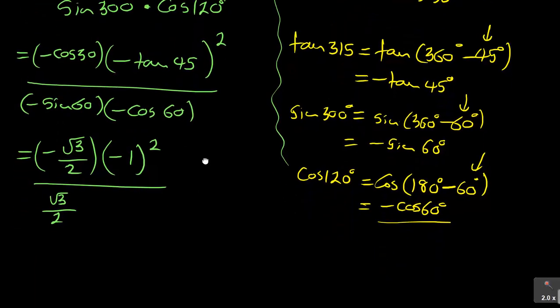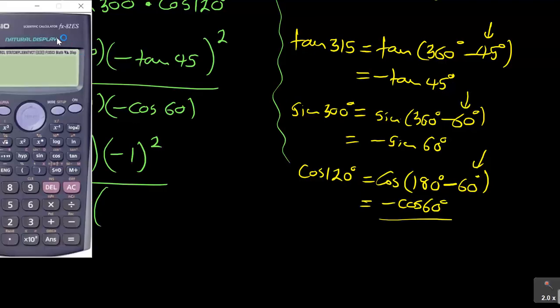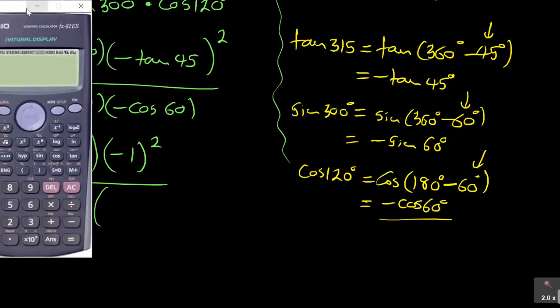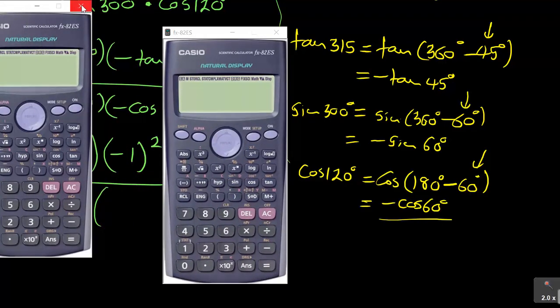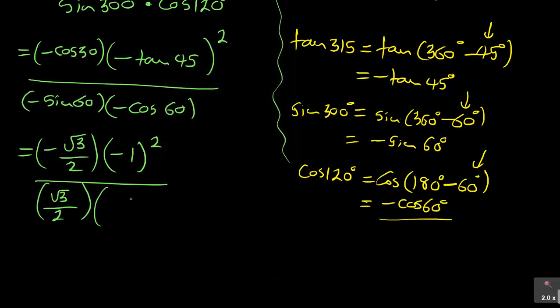And then cos 60 is going to be 1 over 2.